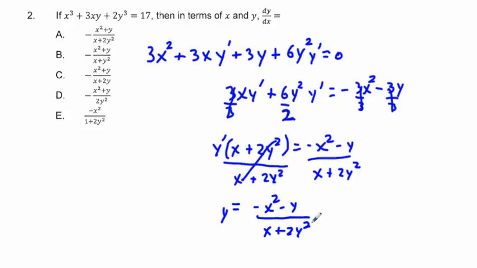Now, do we see any such answer here? No, we don't, but we should know it's answer choice A. If we factor out the negative sign and put it out front, we're going to have x squared plus y over x plus 2y squared. And so A is going to be our correct answer for problem 2.